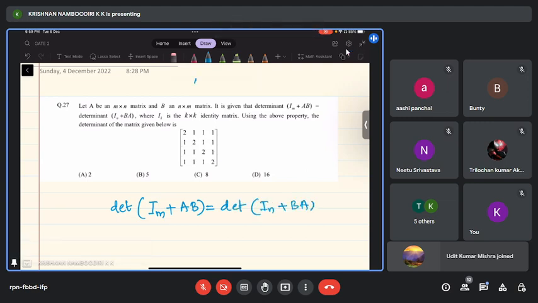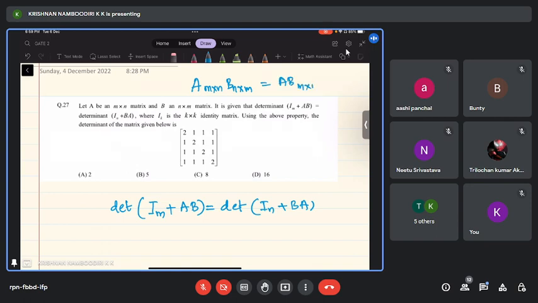You can see A is of size M cross N and B is of size N cross M, then AB will be of size M cross M, right? And BA will be of size N cross N. Is that correct?